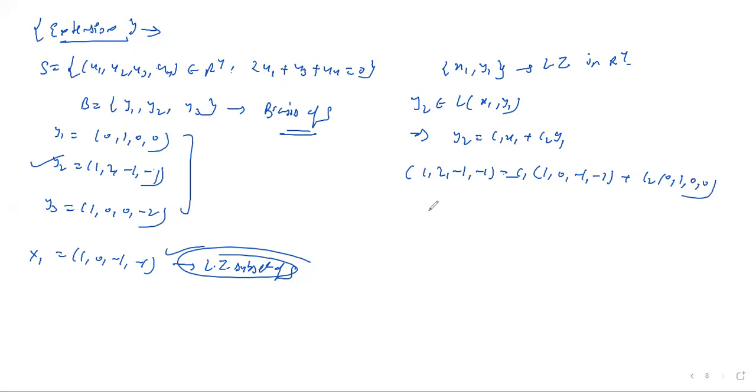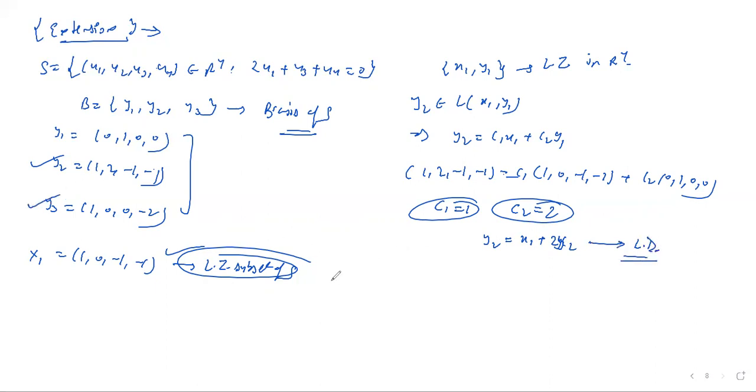From this I got the constants c1 = 1 and c2 = 2. So y2 can be represented as x1 + 2 y1. So y2 is linearly dependent, it is not linearly independent.